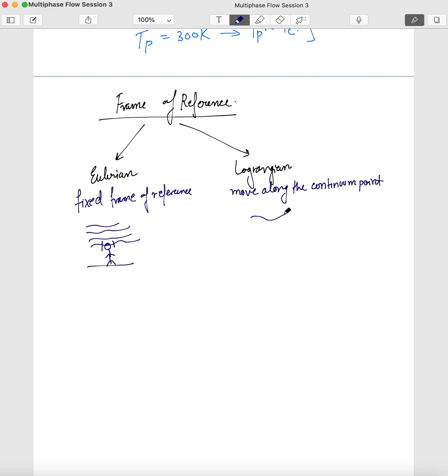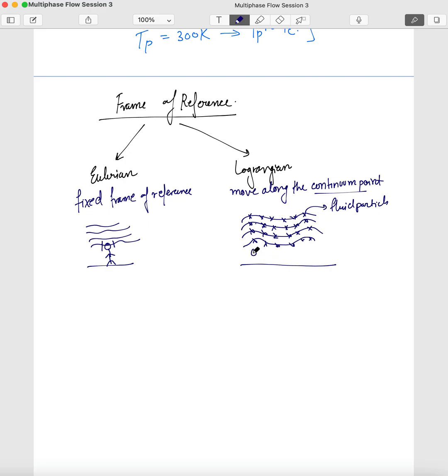So in this case there is a fluid flow, and let's say what we call continuum points are these: if you put a tracer that follows this fluid flow, these are the continuum points, or we can say these are the fluid particles. And you are traveling with these points.